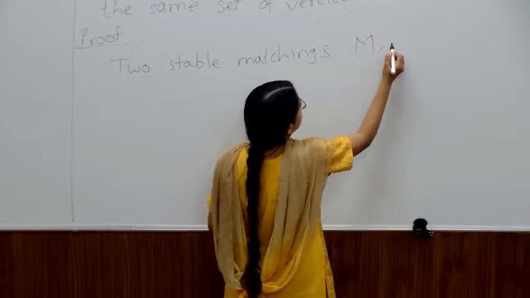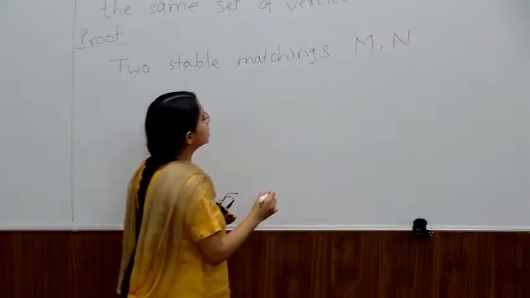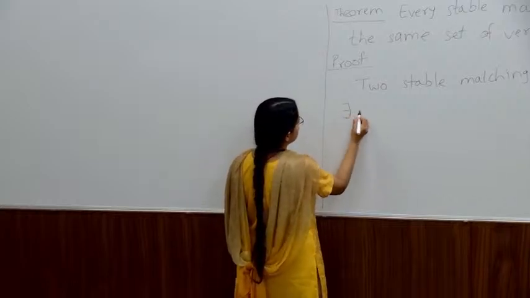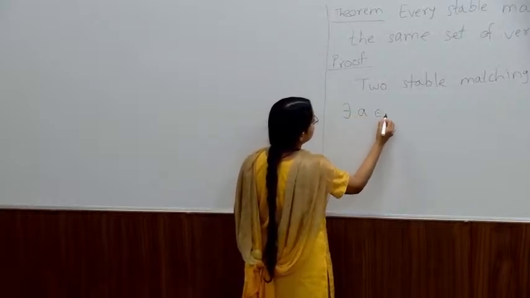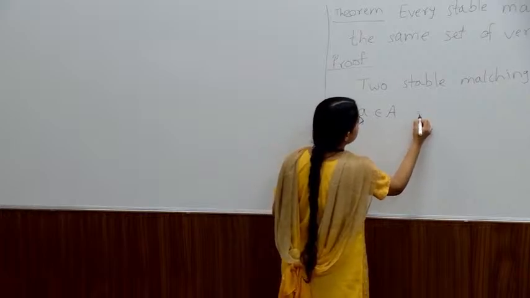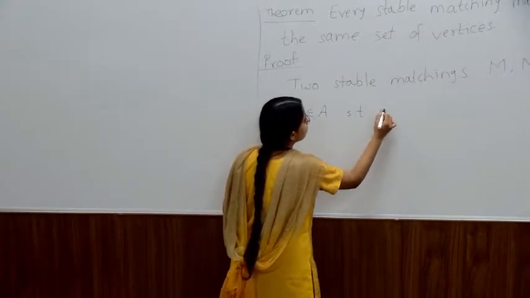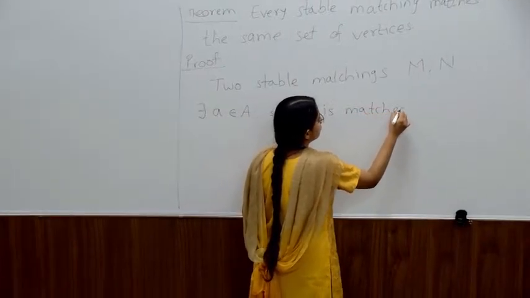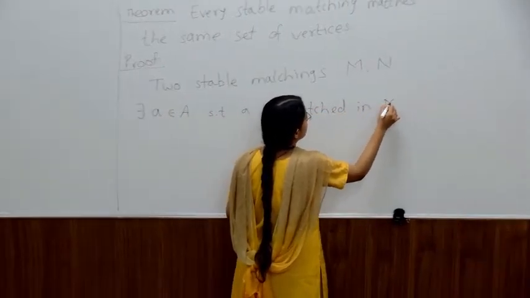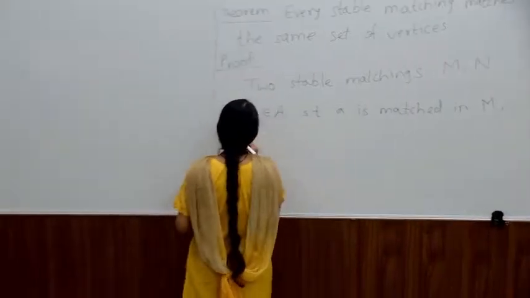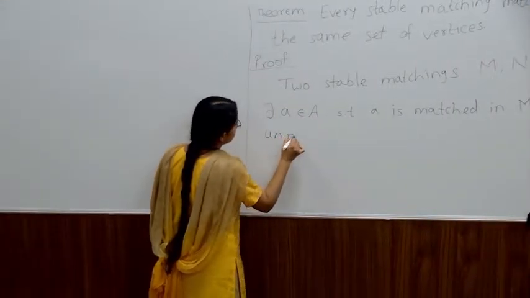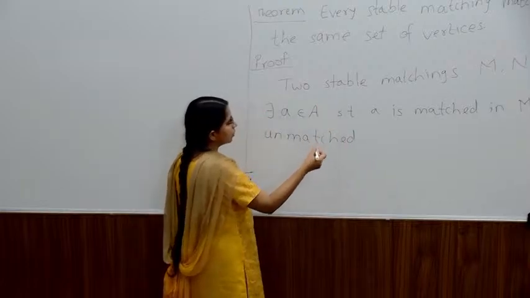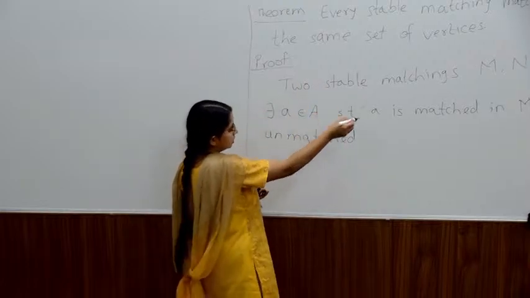Yes, so let me call them M and N. Suppose there is a vertex, without loss of generality some vertex A in the set A, such that A is matched in M and unmatched in N. Somehow, of course, we will have to contradict this because the theorem statement is exactly against this.